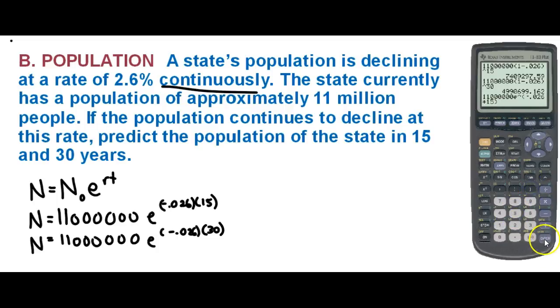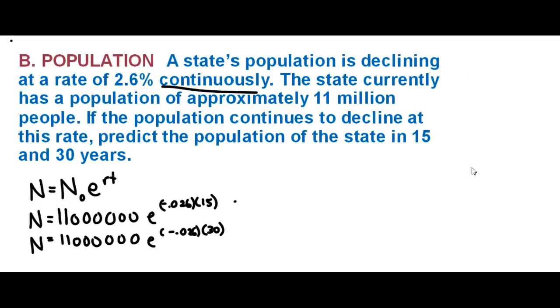That gives me 7.4 million again, roughly, for my population. And I should use a curly equal sign since it's an approximation.